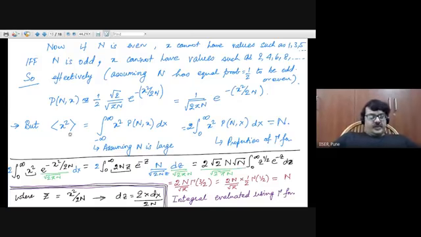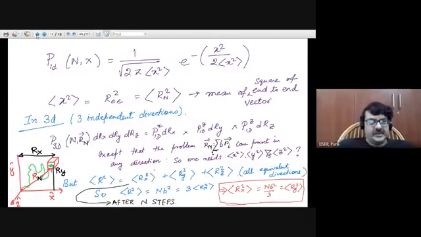And the x square average, so basically x square times P(n,x) integrated from minus infinity to plus infinity, since it's a Gaussian function, can be shown to be n. This is the variance, which we most probably already know from your kinetic theory of gases or some other lecture, properties of the Gaussian function, right? And how does one calculate that?